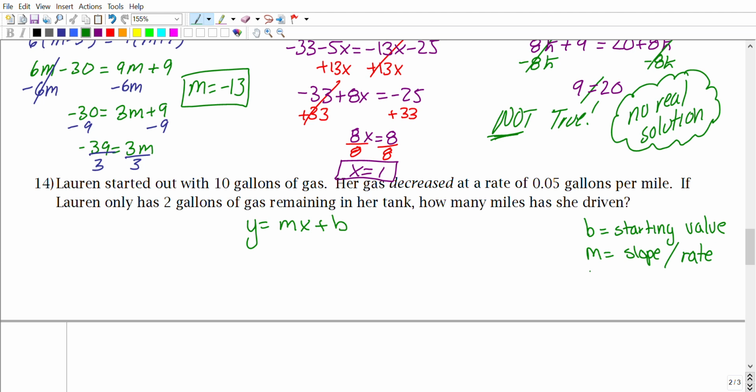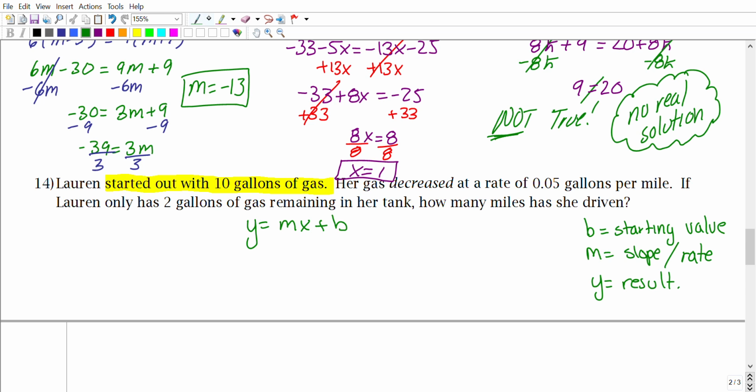And y is just your result. Okay, so let's go ahead and see what we can substitute into our linear equation. So we have, she started out with 10 gallons of gas.